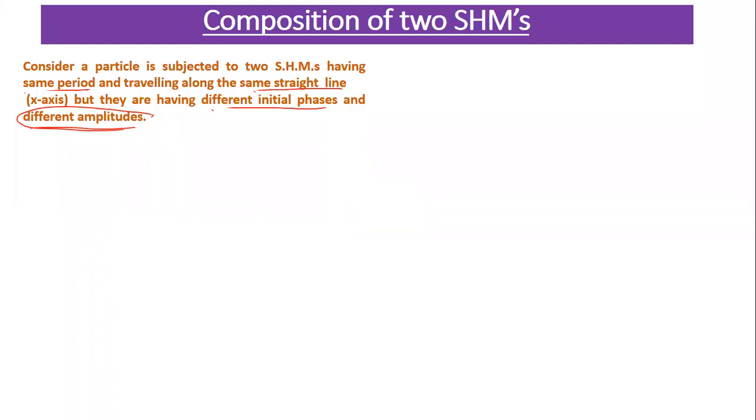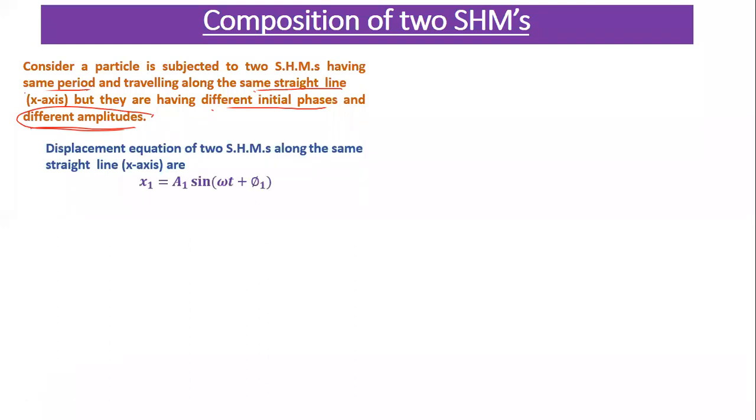So we know the equation of SHM. In the previous lectures, we already obtained formulas for the SHM. Now the displacement equations of the two SHM are given as follows.